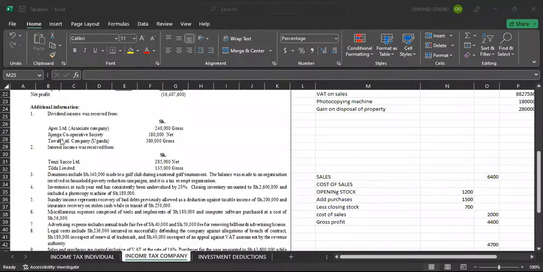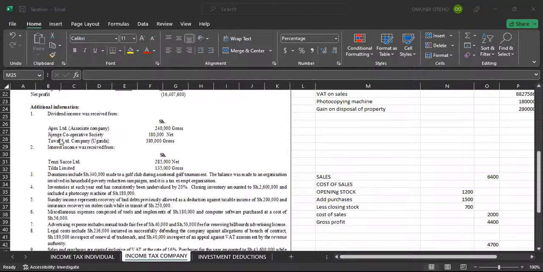Then we have Jijenge Cooperative Society, with a value of 180,000. That is the dividends received from Jijenge Cooperative Society. So the dividends from cooperative societies are subjected to a withholding tax of what rate?